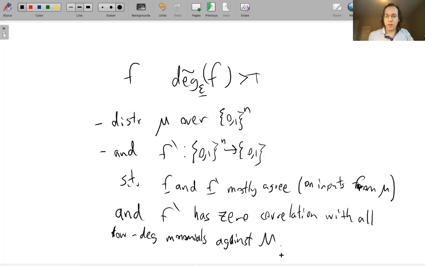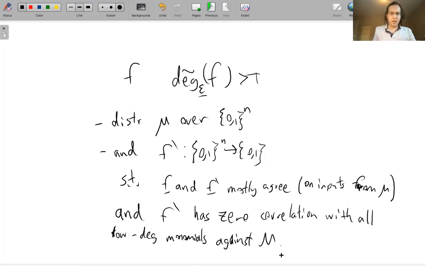It will just be totally random. When you sample from mu, there's no correlation between f prime and any low degree monomial that you pick. So f prime cannot be approximated by low degree monomials, and this implies, in a very strong way, even by polynomials.